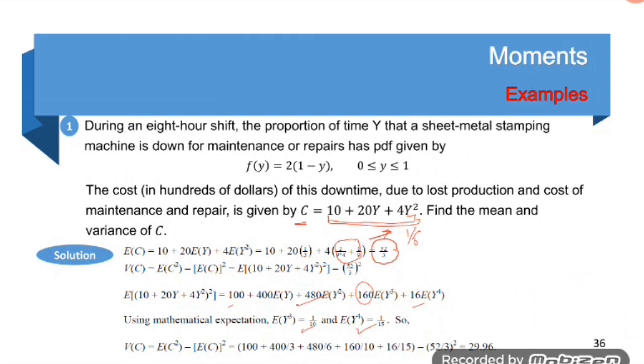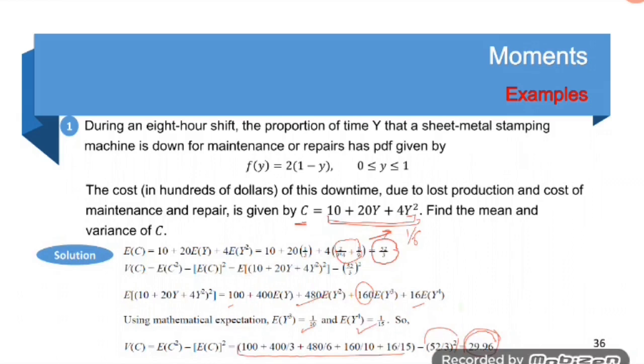Then at the end, for the expected value of c to the power 2, all we need is to find all these values, and then subtract the expected value of c squared from this term, to have at the end the variance of c. I think we have many calculations here, but they are all simple. It's not hard to do by yourself.